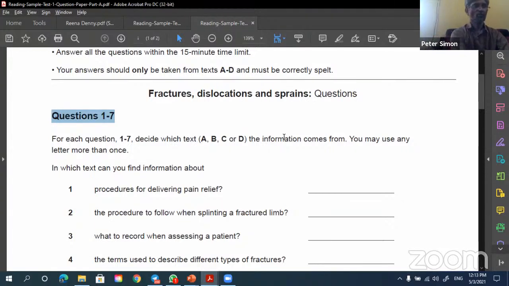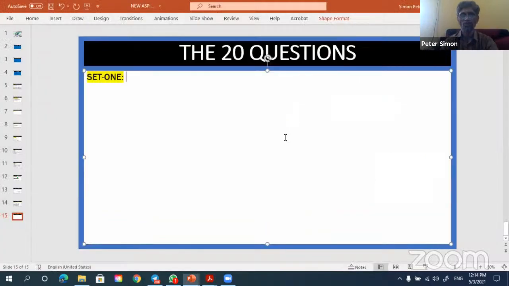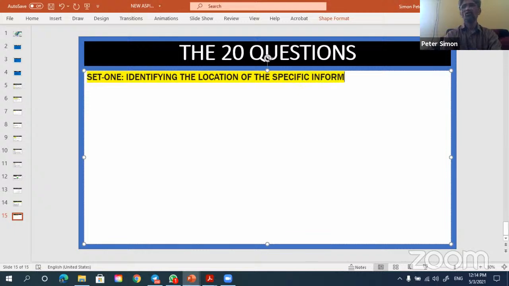Identifying where the information is: it is in text A or text B or text C or text D. Identifying the location of the specific information. That is the topic, that is the style of questions here. We finished everything, so we are coming to the questions now.